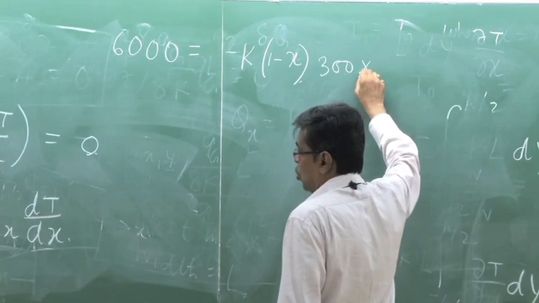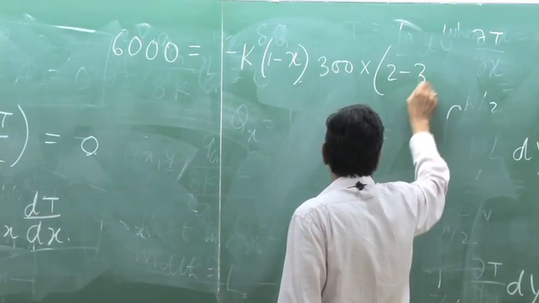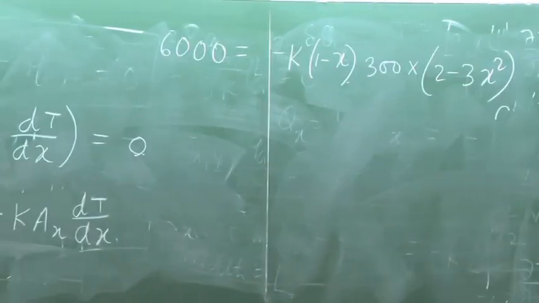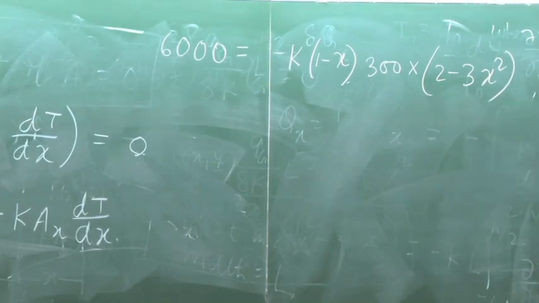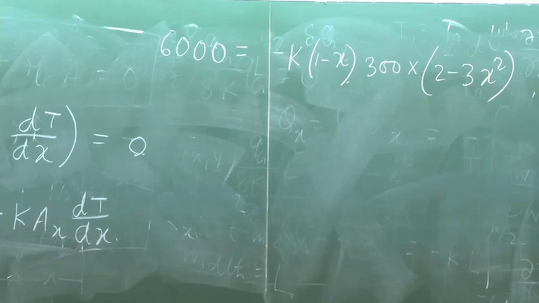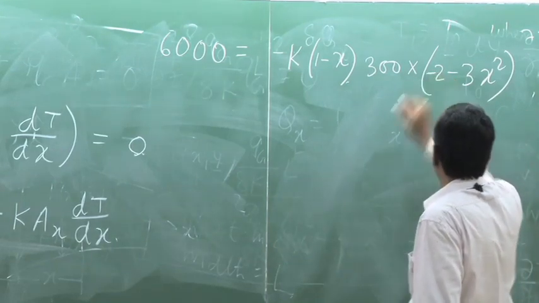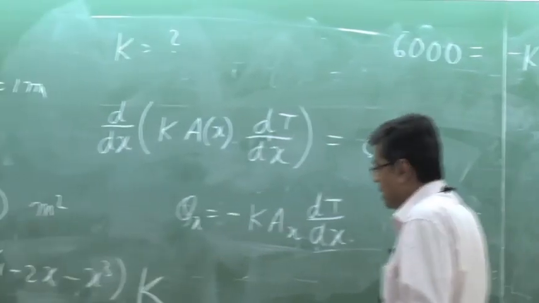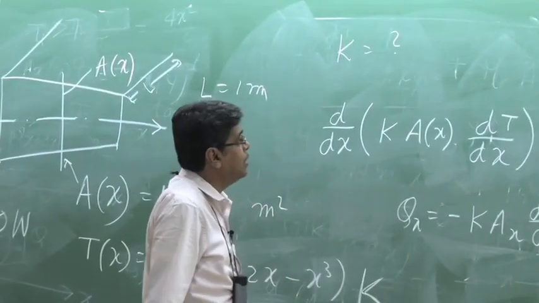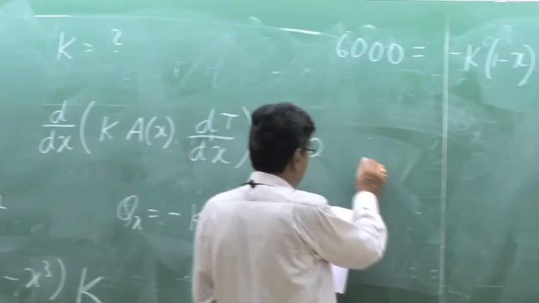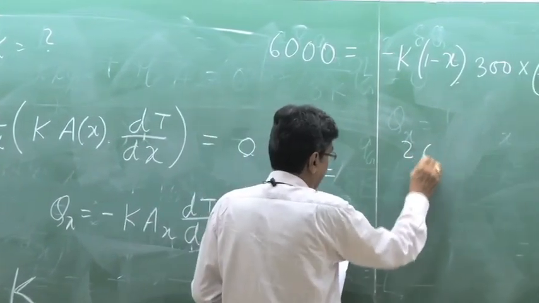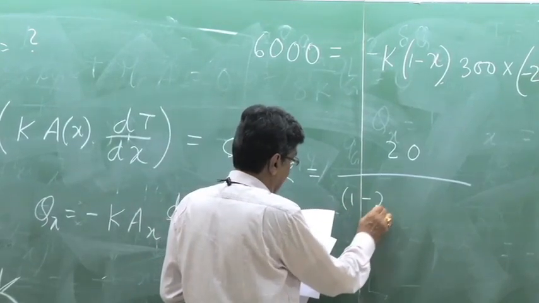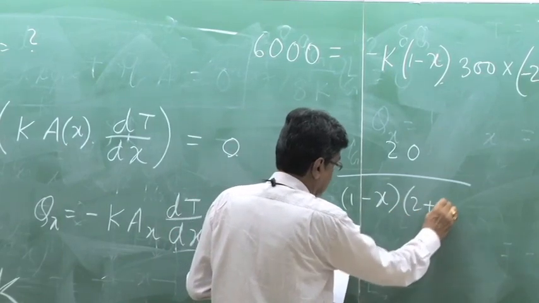So this is the simplest problem, and finally K comes out to be 20 by 1 minus x into 2 plus 3x square.